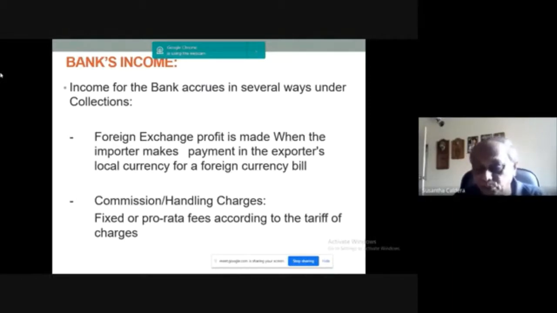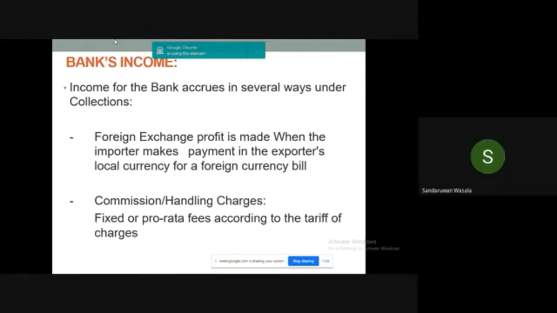For that, you have to use a rate, a conversion rate. Based on the conversion rate, the bank always keeps a profit, foreign exchange profit. Normally, for those doing collections, what rate are we using, buying or selling?